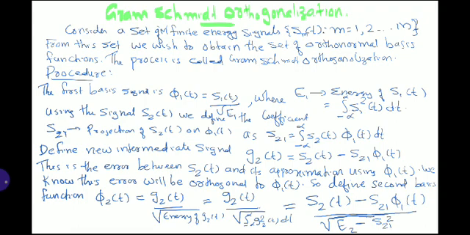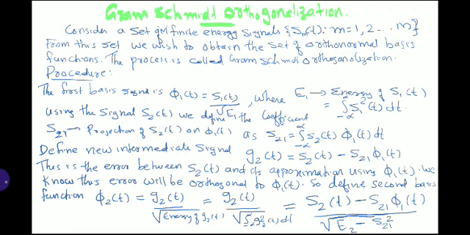So we define a new intermediate signal called g_2(t), which is the difference between s_2(t) and s_21 phi_1(t). We can see that this is actually the error between the second signal s_2(t) and its approximation using phi_1(t).